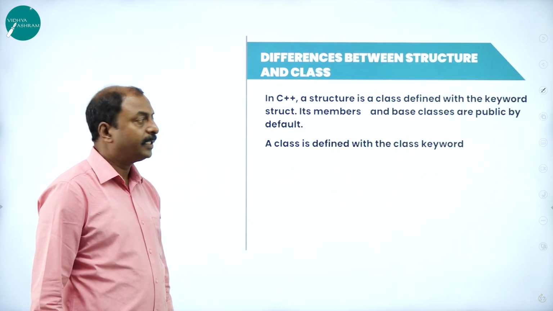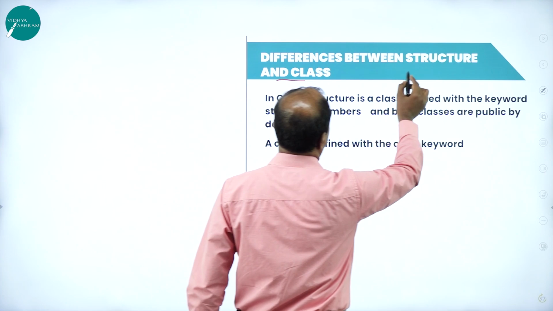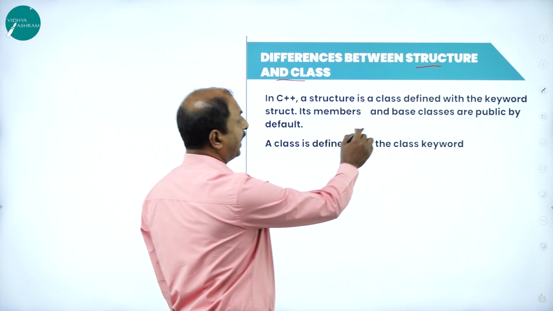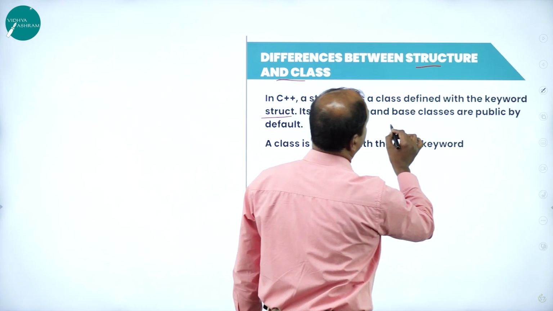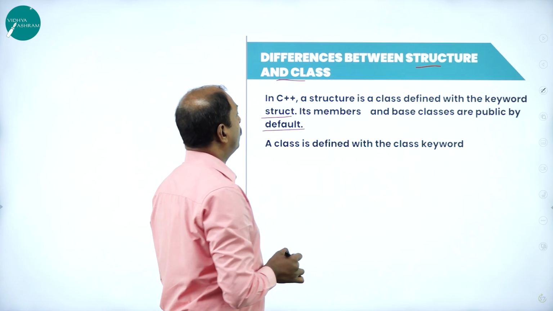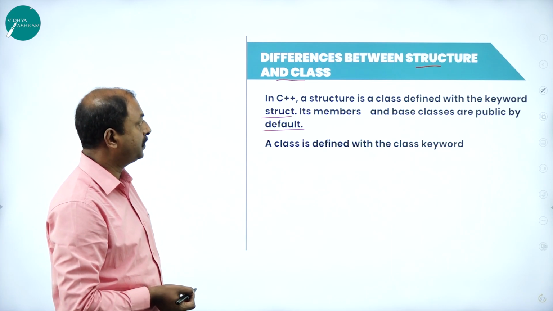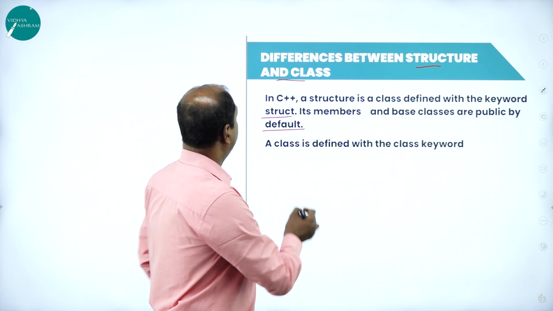In the next slide, we will see the difference between a structure and a class. In C++, a structure is a class defined with the keyword struct. Its members and base classes are public by default. What is a structure? We learned it in the previous year in first PUC. A structure is a class defined with the keyword struct.